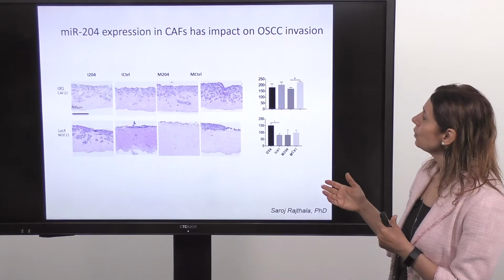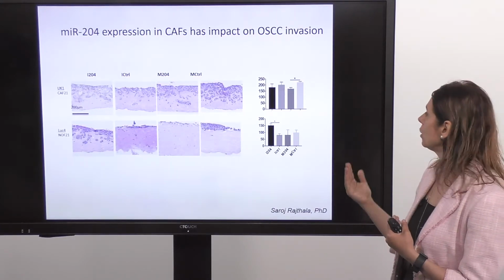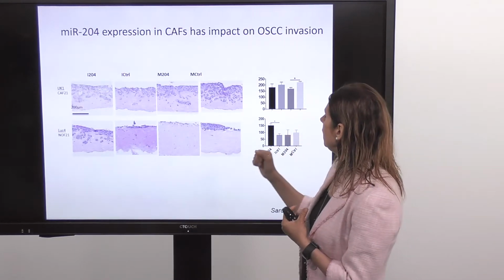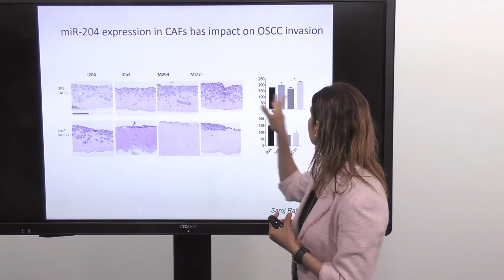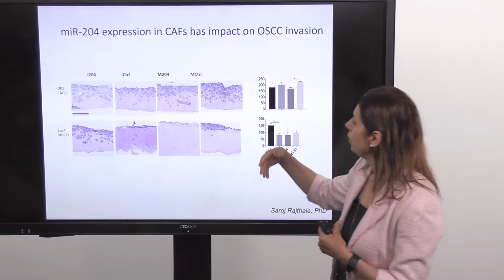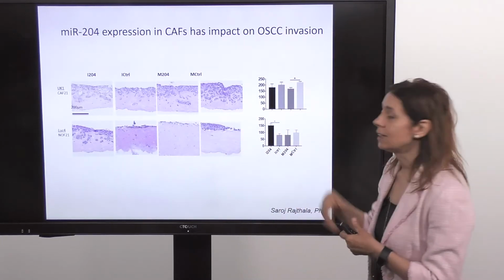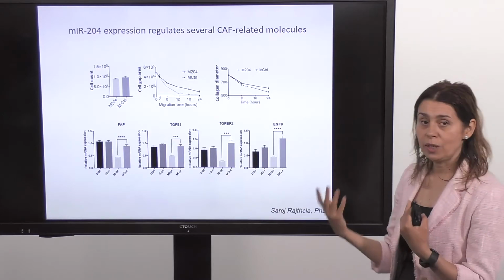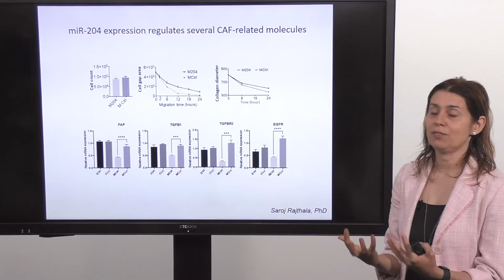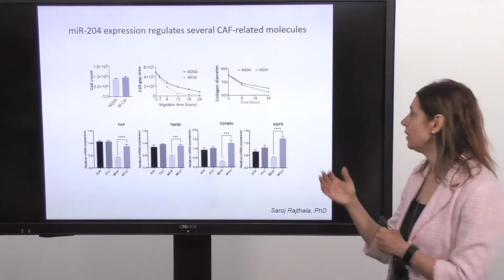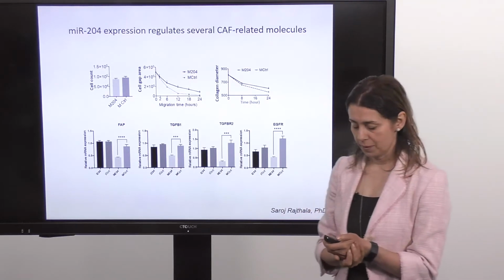And actually, he could show that if he uses mimics of 204, so by increasing the expression of 204 in the fibroblasts, he could decrease the invasion in these 3D organotypic models, while when he used inhibitors, he could increase the invasion. And this went through the modulation of the migration ability, again, of the fibroblasts, which was related also to integrin alpha 11 and to a CAF phenotype.